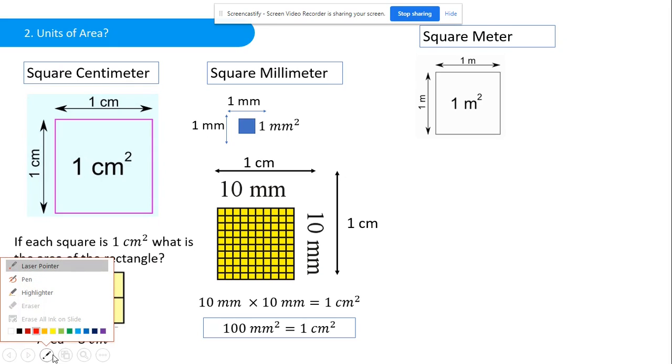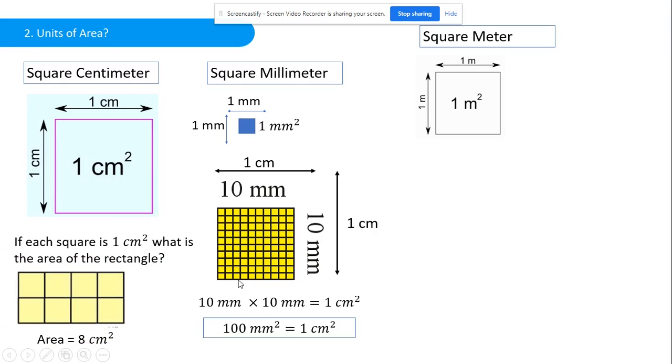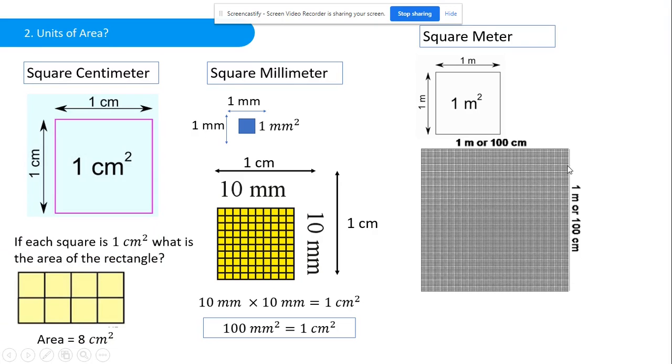And so, we can think about that as each 1 metre is 100 centimetres. So a 1 metre by 1 metre would be the same as 100 centimetres along and 100 centimetres down. And if we were to count up all of those boxes, it would be 100 times 100. So there are 10,000 centimetres squared in 1 metre squared.